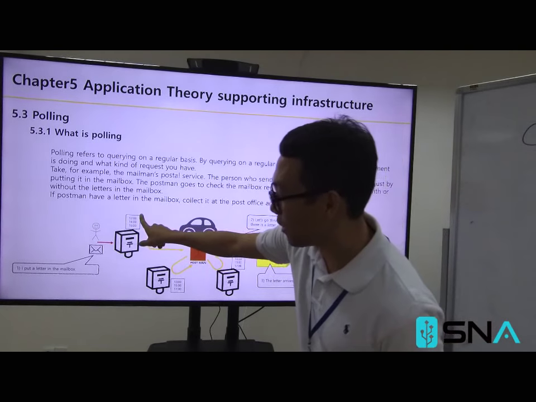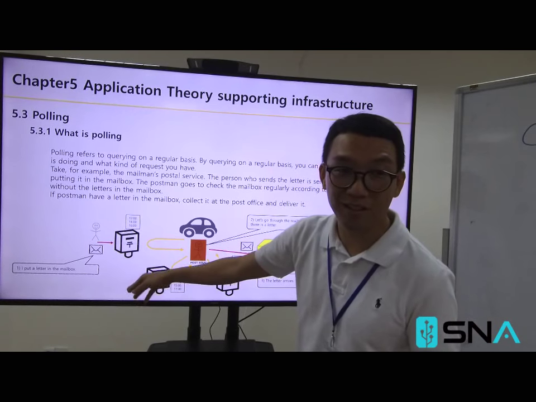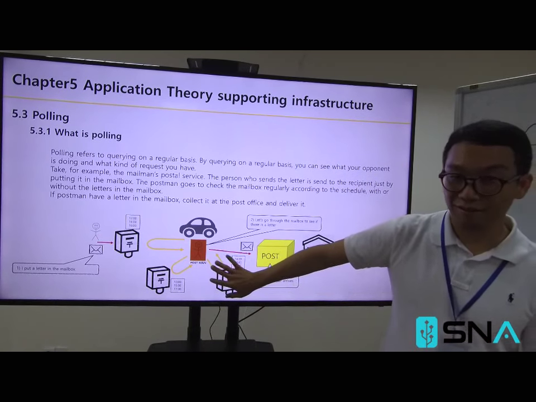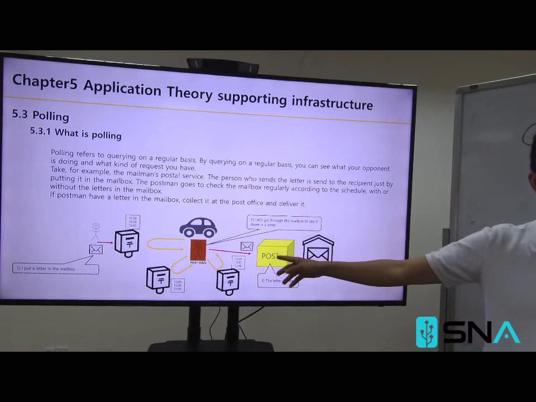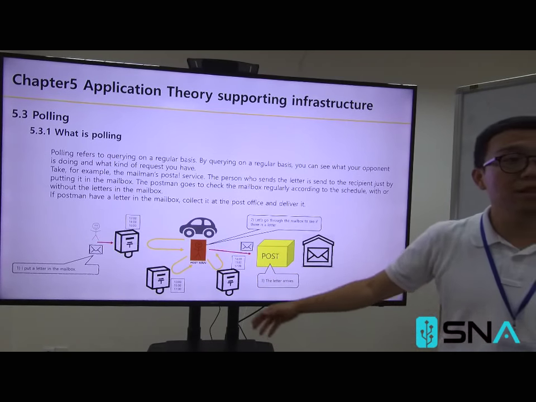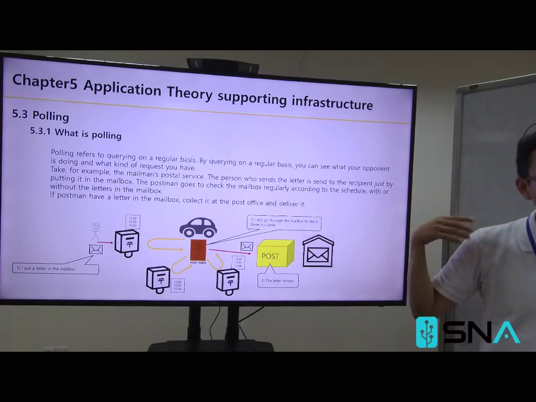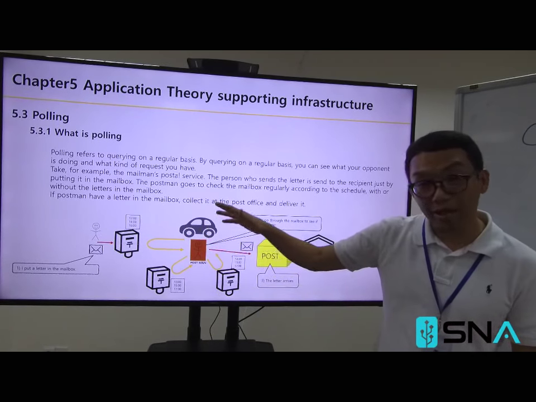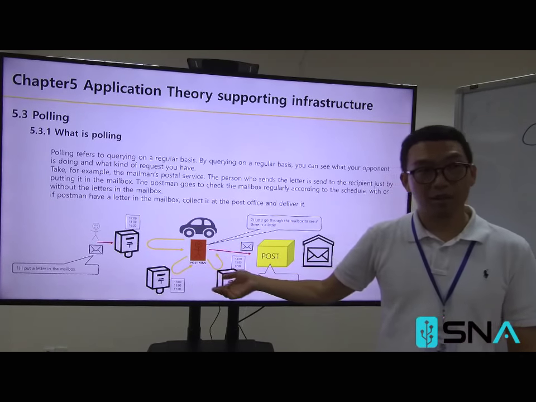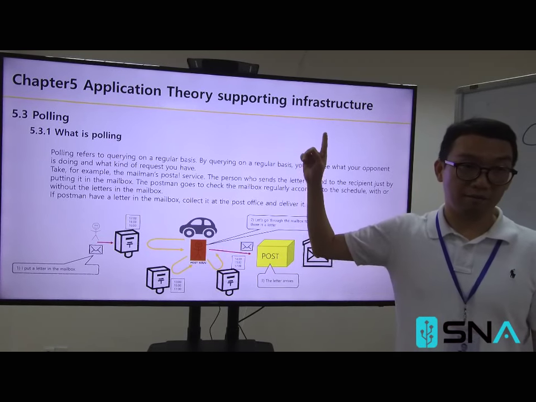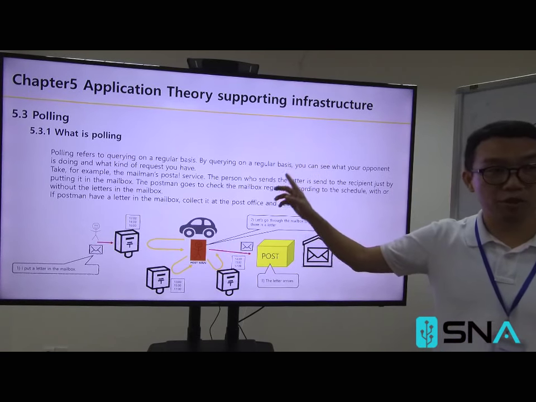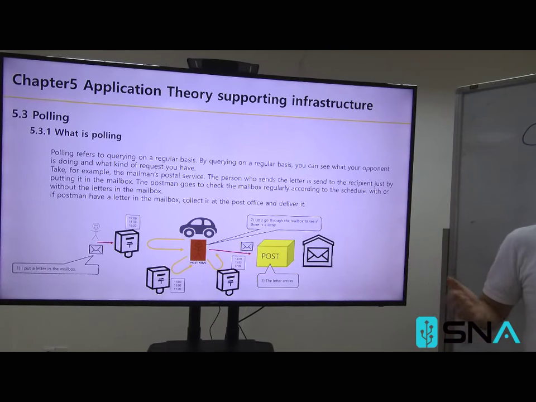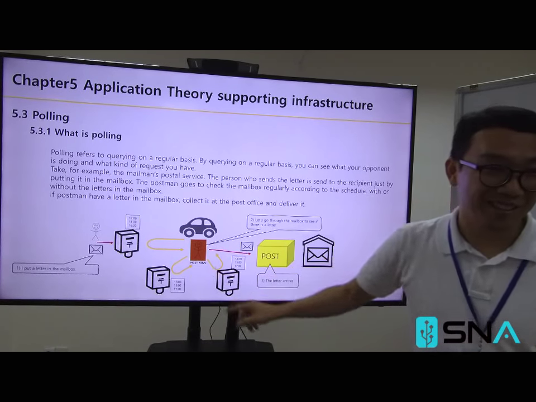For example, if they have 10 or 15 intervals per mailbox, maybe the postman cannot go back home. In the computer world, if the interval time is very short, the CPU load gets higher and the CPU can get overhead. Understand it? The postman works really hard.